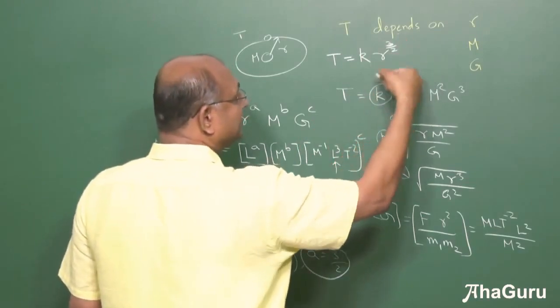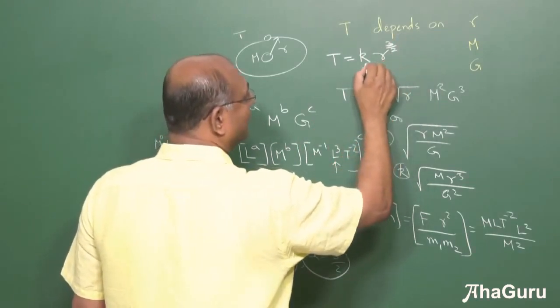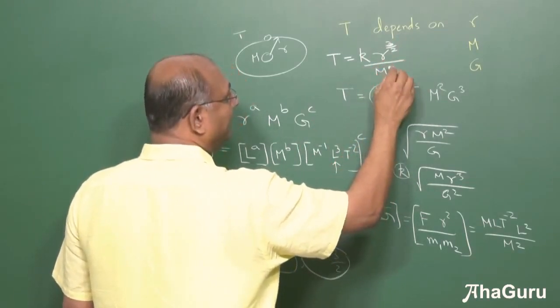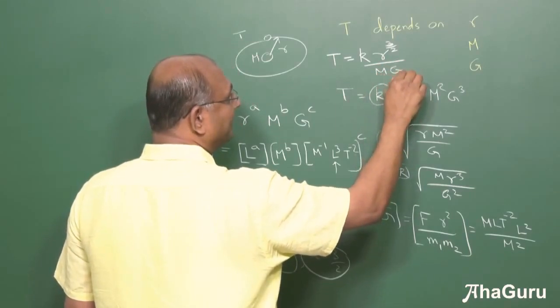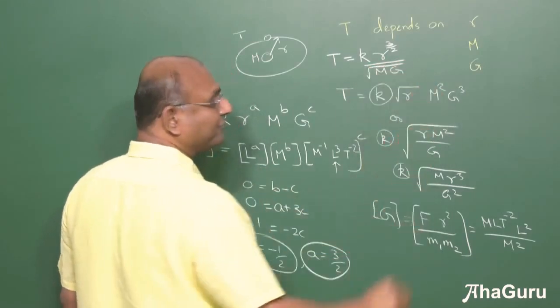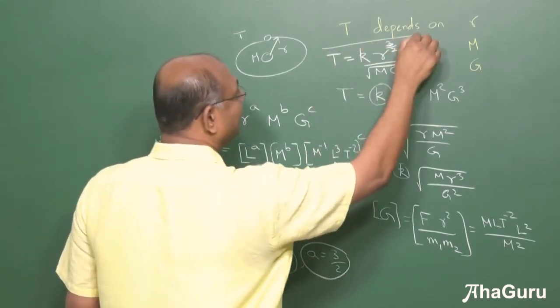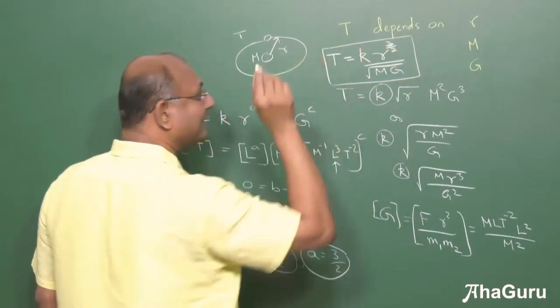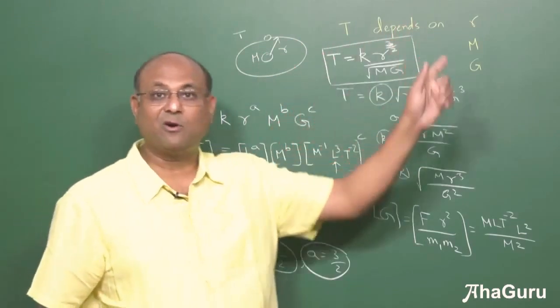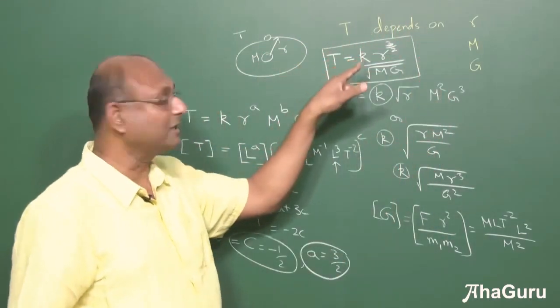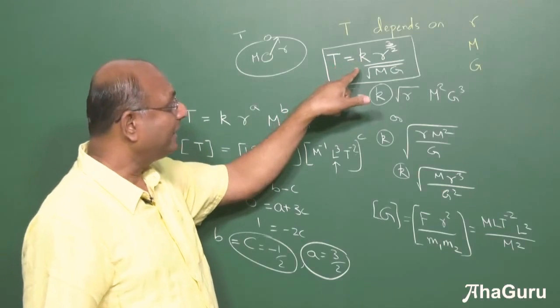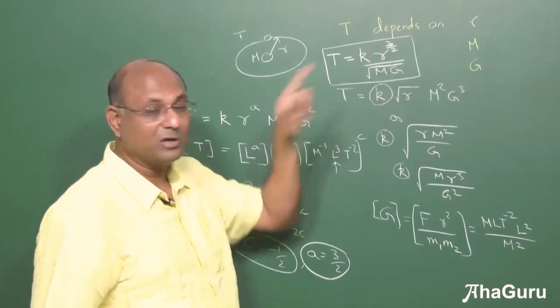So minus half is basically 1 by, right? So 1 by M power half, G power half, so root of MG. So you see what we have done, we have come up with a formula for the time period of revolution of a planet, k times r power 3 by 2 by root of MG.